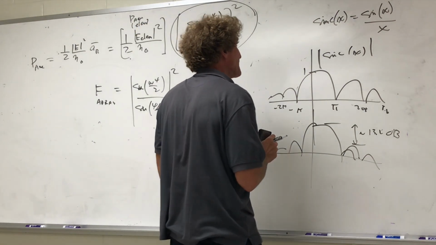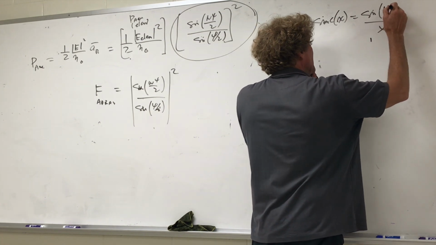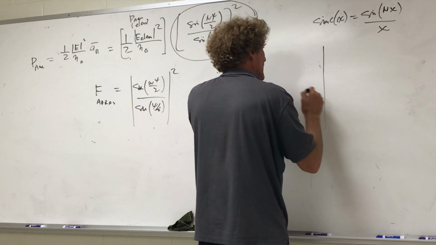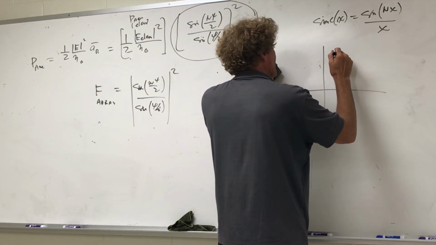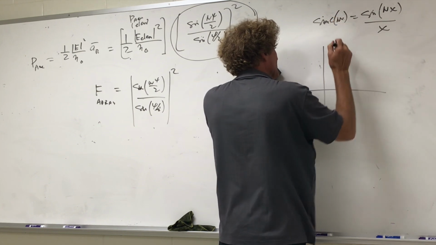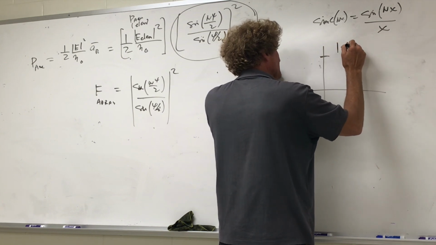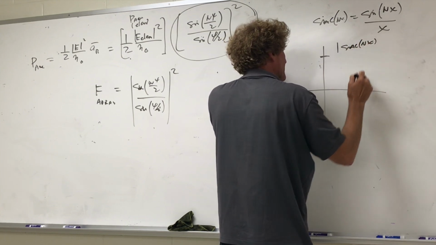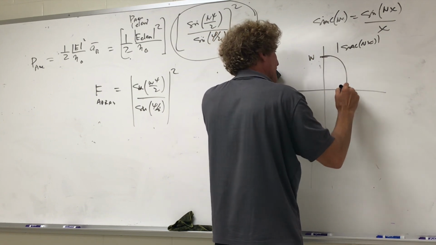If I have sinc of nx over x, and I square it, and take the magnitude of sinc of nx, now the height of this is n.